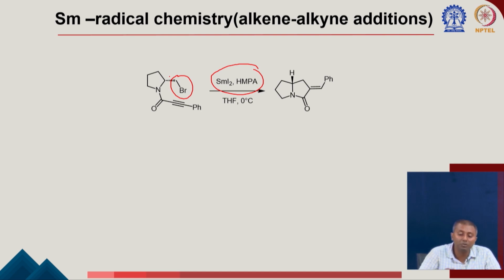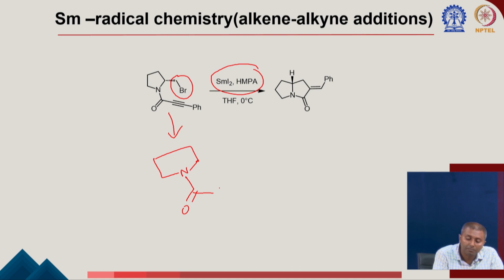Now once you form this corresponding radical, what is going to happen here? So now you are generating this radical species in this position. So there are two different types of cyclization that can happen.